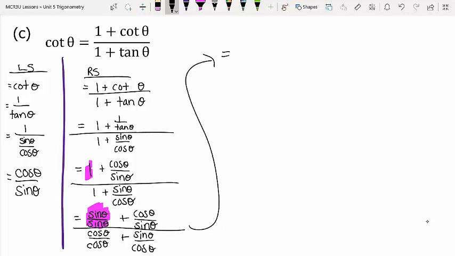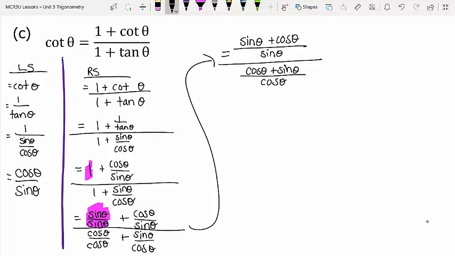So in the numerator, sine theta over sine theta plus cos theta over sine theta is sine theta plus cos theta all over sine theta, divided by, in the denominator, cos theta over cos theta plus sine theta over cos theta is cos theta plus sine theta, all divided by cos theta.